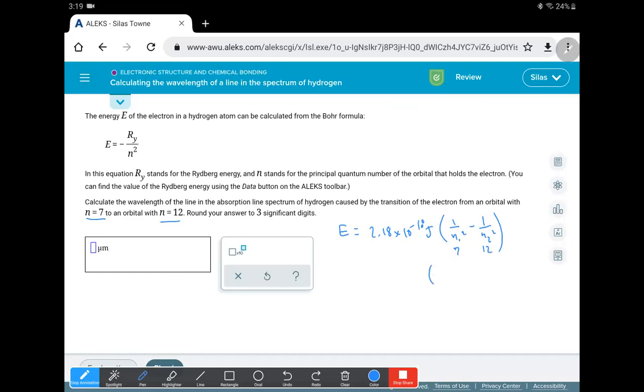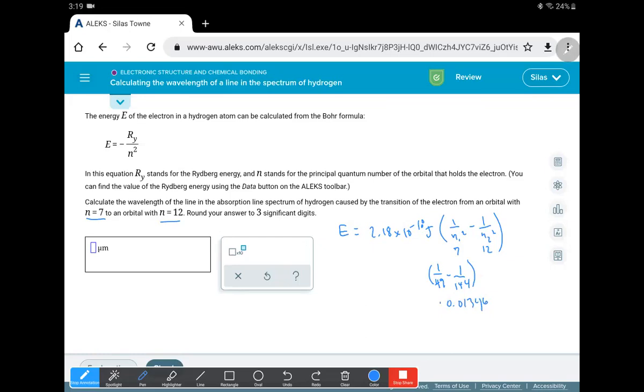So what we have here is 1 over 49 minus 1 over 144. I'm going to do parentheses, so 1 over 49 in parentheses minus 1 over 144 in parentheses, and I get that to be 0.01346.